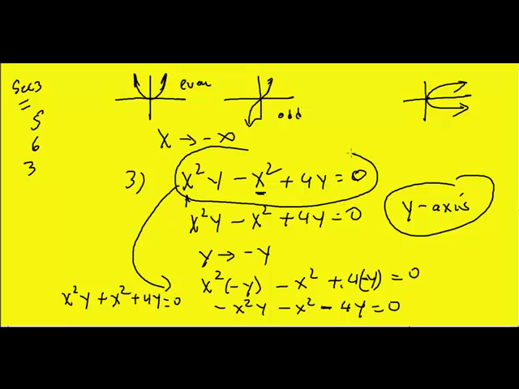Is that same as that? No. So it's not symmetric to the x-axis. So it's only symmetric to the y-axis. Not the origin, because when we checked x with the negative x, it didn't give us the opposite value, so it's not symmetric to the origin.